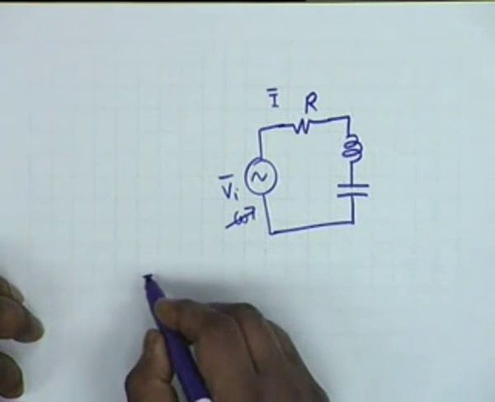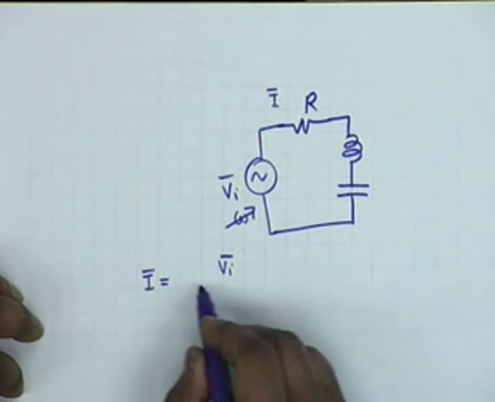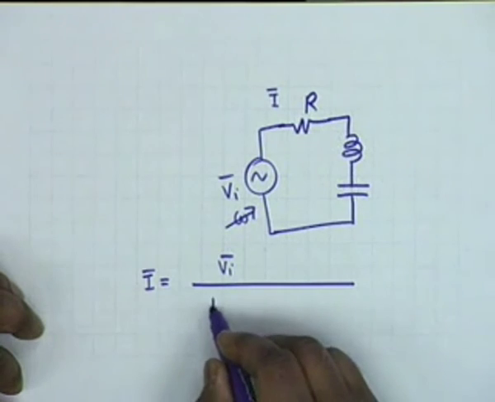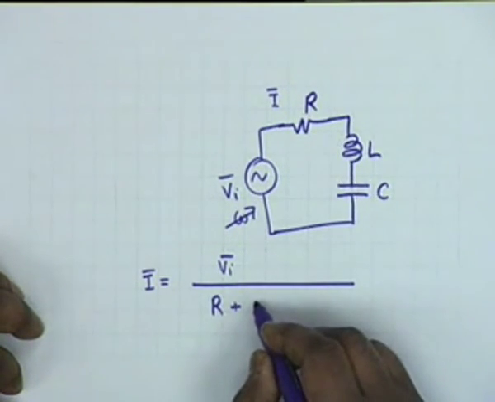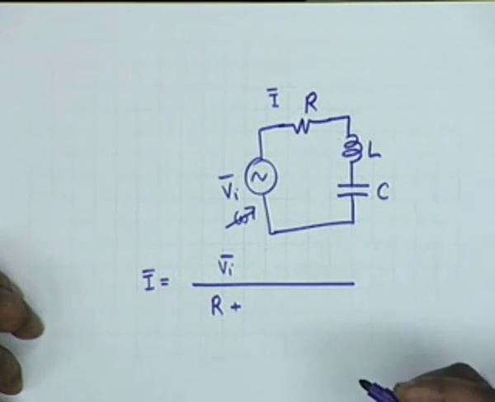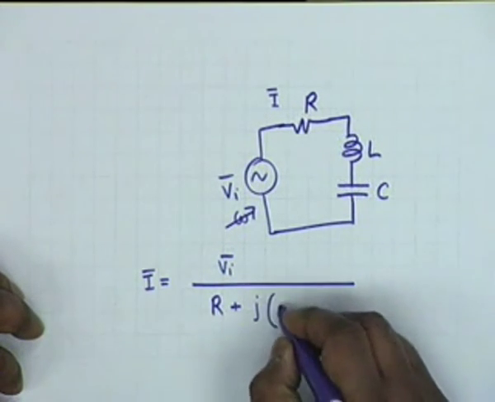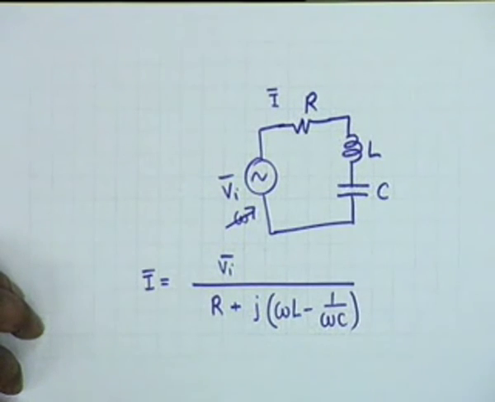All right. Then you know the current response, the current phasor, is the voltage phasor divided by the impedance, and the impedance for sinusoidal frequencies is R plus j omega L plus 1 over j omega C, which I can write as, if I skip one of the algebraic steps, R plus j times (omega L minus 1 by omega C).